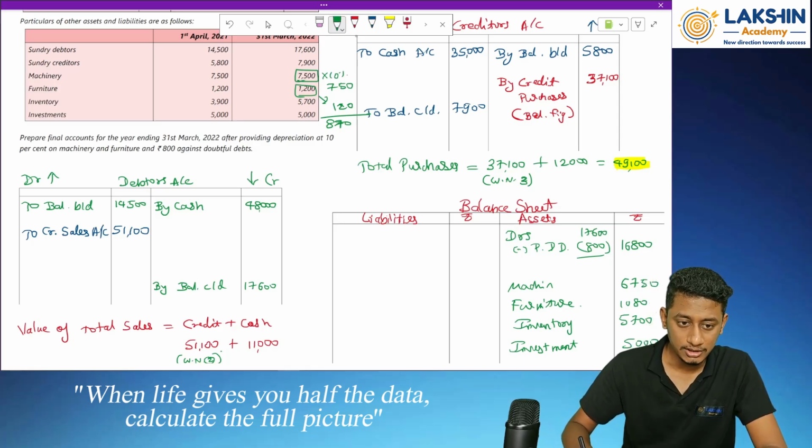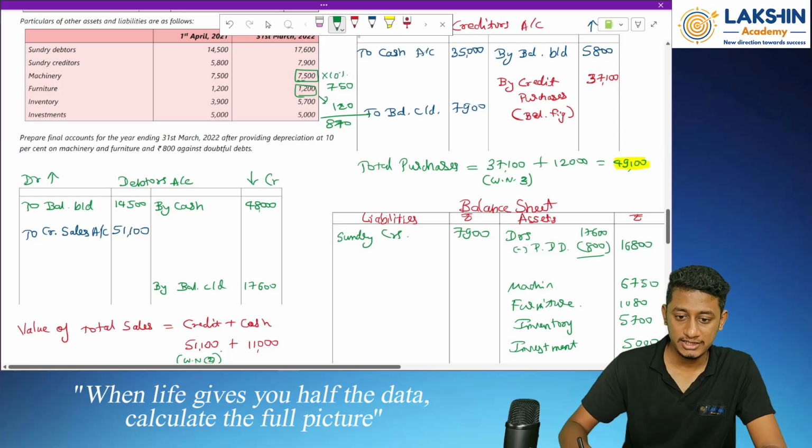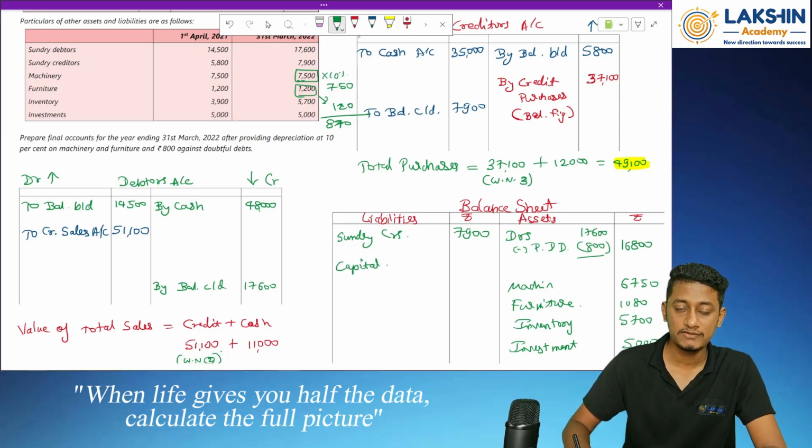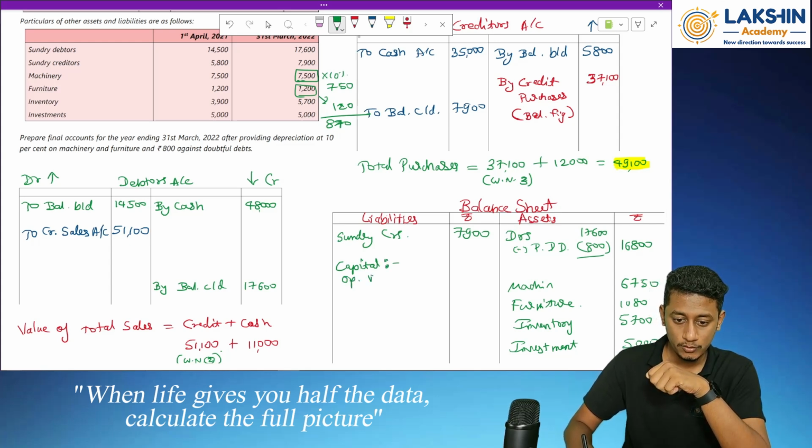On this side we have sundry creditors. The value of sundry creditors is 7,900. The closing value, right? See, here we have mentioned 7,900. Then capital. Now look at this very carefully. So what is the value of opening capital?